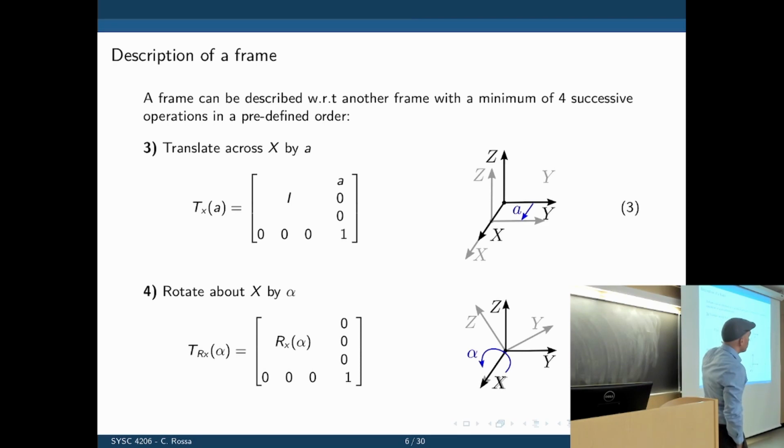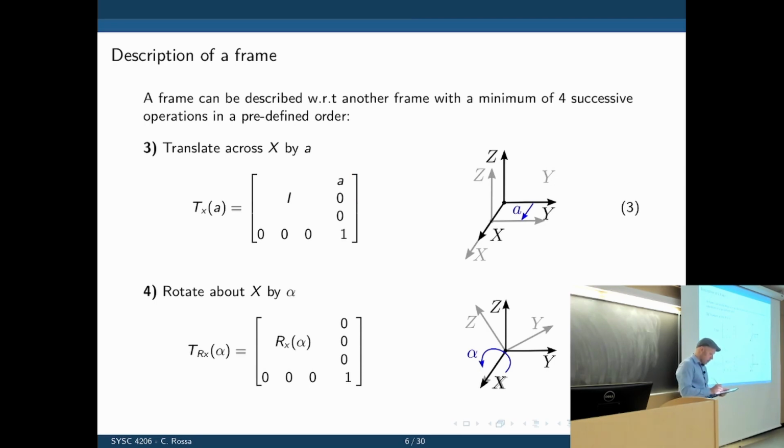The identity matrix for the rotation matrix indicating that the frames are aligned, but they are now shifted along X by an amount of A. So now you see here how the vector changes. That answers your question. The translation now occurs across X. Does that make sense?